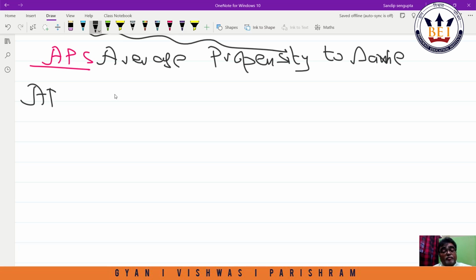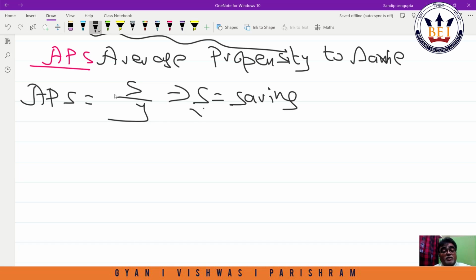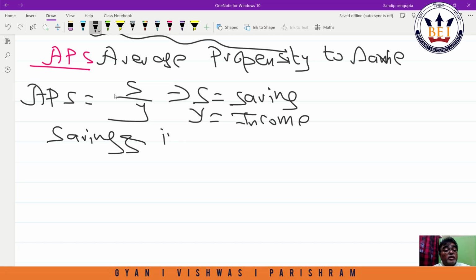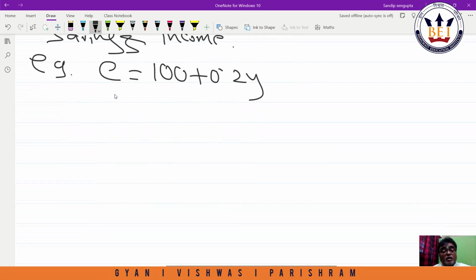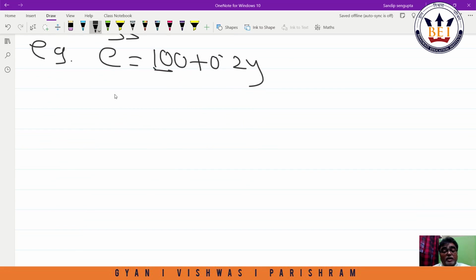So it means APS is equal to S upon Y, where S is nothing but saving, Y is nothing but income. So APS is the ratio between saving and income. They ask you by example. If I take one example, say C is equal to 100 plus 0.2y. This is a consumption function. This part is autonomous, this part is MPC, this part is income.